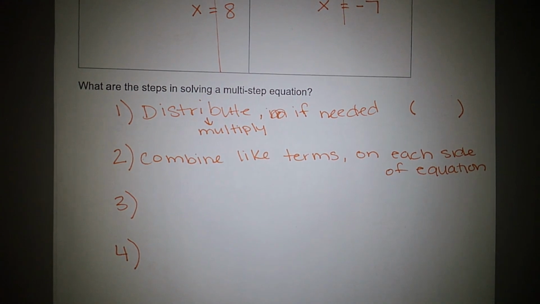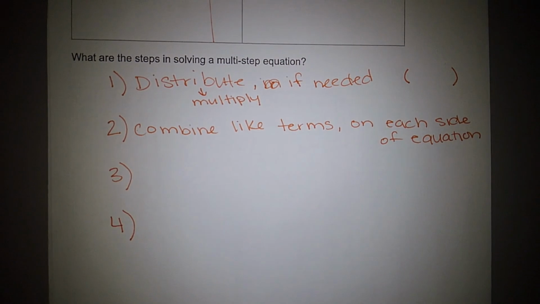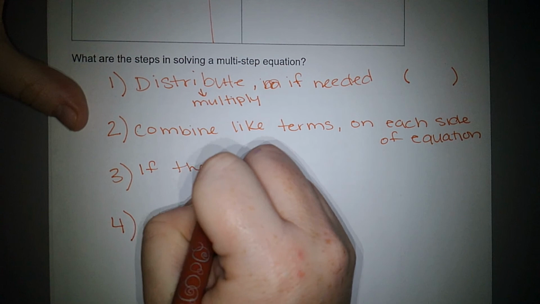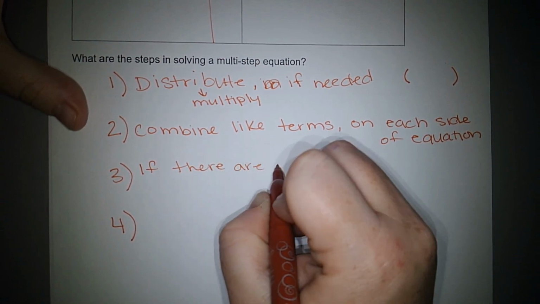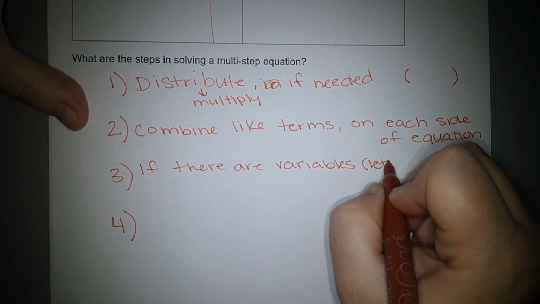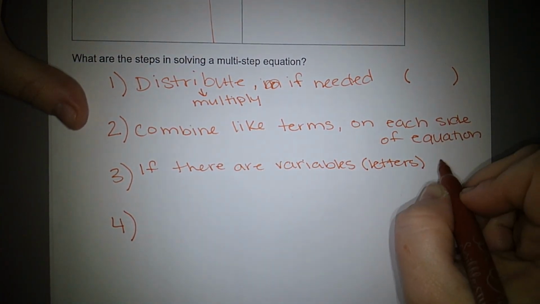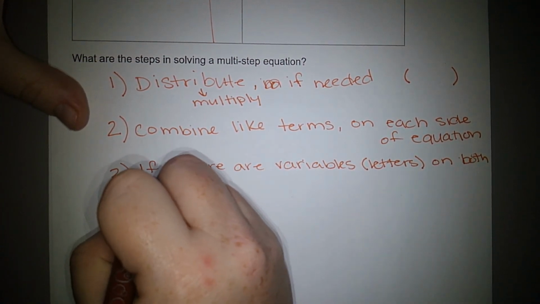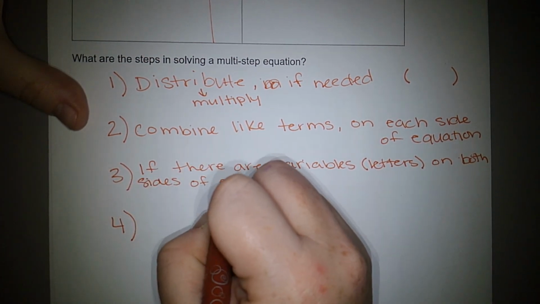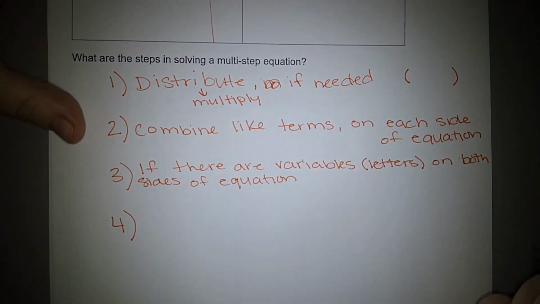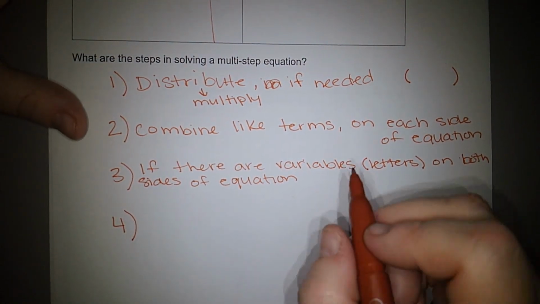3. This is a long one, and I'm going to write the whole thing. If there are variables, remember variables are your letters, on both sides of the equation, move the smallest variable through addition or subtraction.